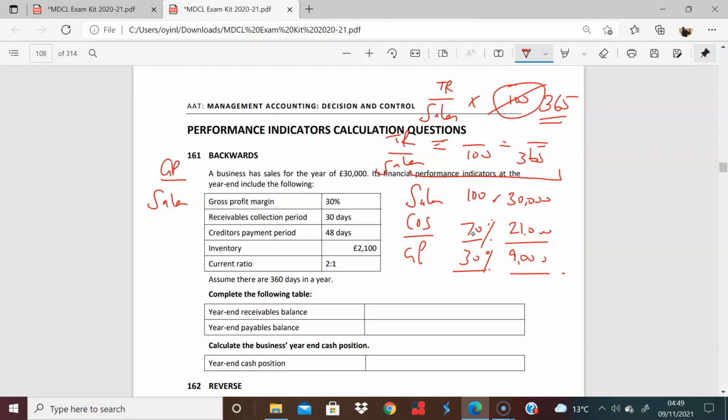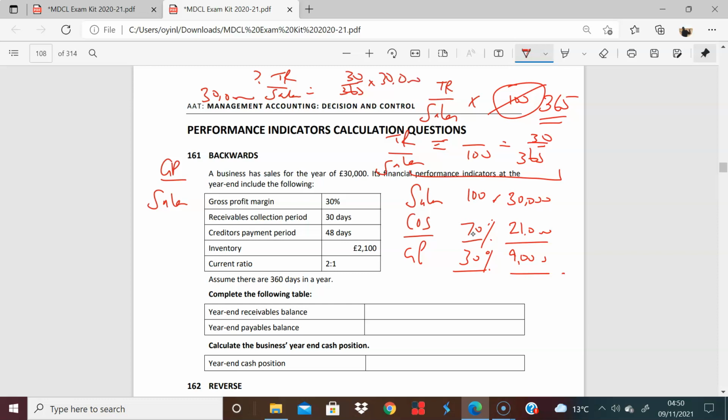So when you say 30 days, what you're really saying is that my trade receivables as a percentage of sales is 30 days out of 365. So the question here is if you know your sales, which is given to you, which is 30,000, then you can find out what your trade receivable is. So literally it's just 30,000 times 30 over 365. Yes, that's what we're saying.